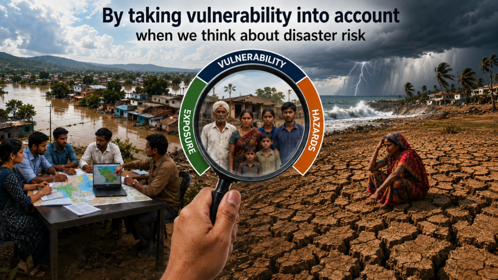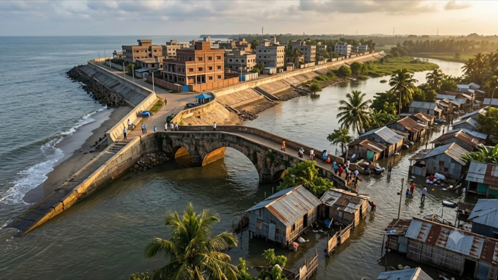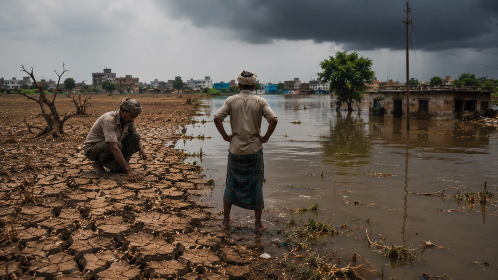By taking vulnerability into account when we think about disaster risk, we see that risk is not just based on how strong a hazard is and how many people or things are in danger of being harmed by it, but also on how likely it is that people and economic resources will be lost or damaged. And the most important thing is that the disparity between specific non-extreme dangers and the significant effects or disasters may be predominantly ascribed to differing degrees of vulnerability and exposure.